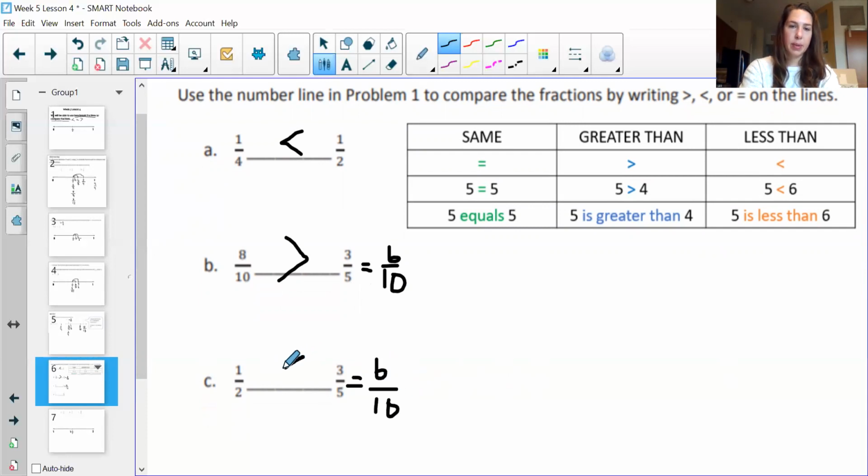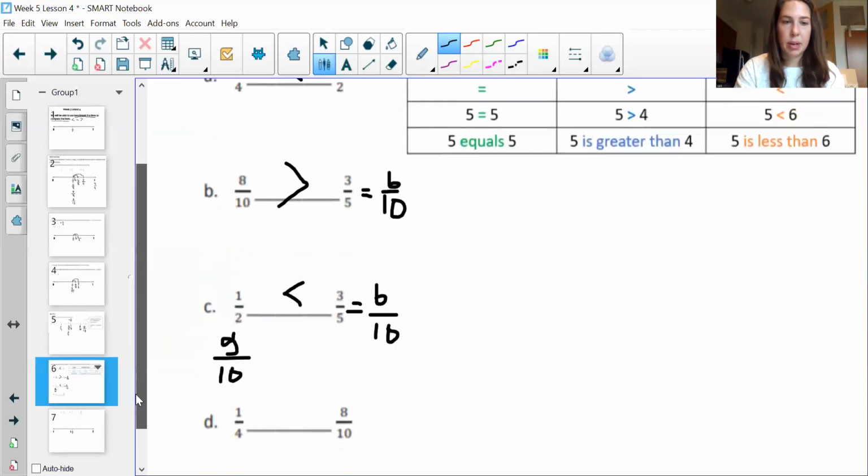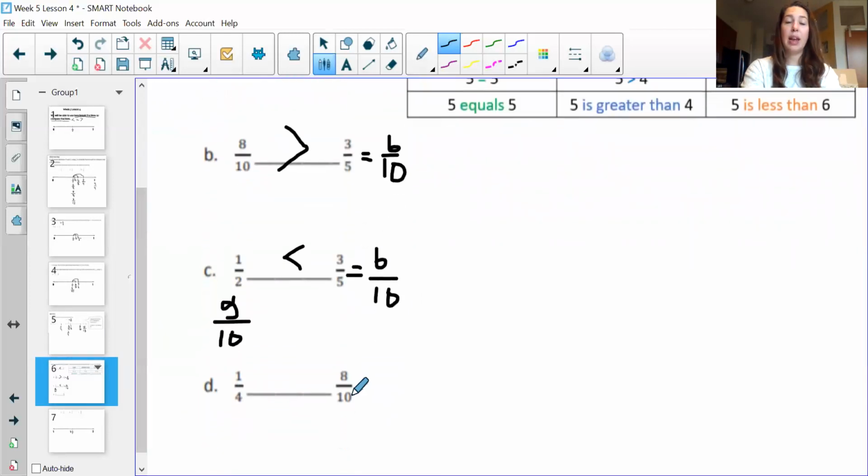So 3/5 must be bigger. And if this wasn't obvious before, if I write the fraction under another one, it means they're equal. So I'm writing this underneath because I don't have a lot of room, but it's equal. 1/4 and 8/10, well, this is obvious because we know that 8/10 is greater than 1/2 and 1/4 is less than 1/2. So we know that 1/4 is less than 8/10.